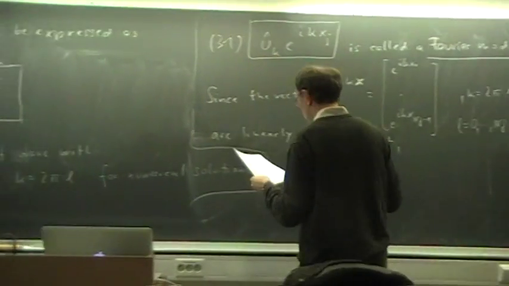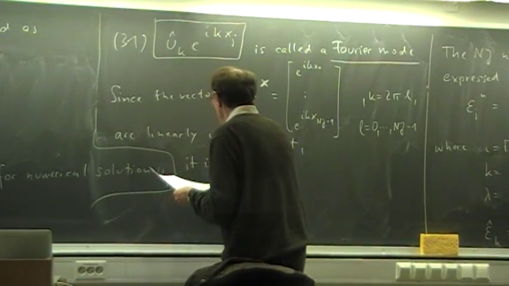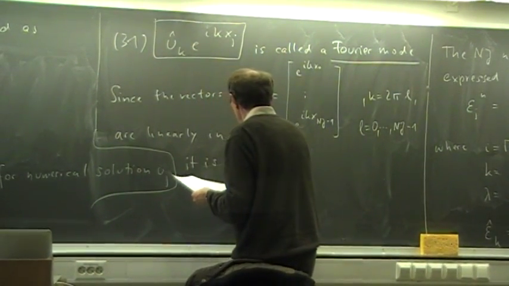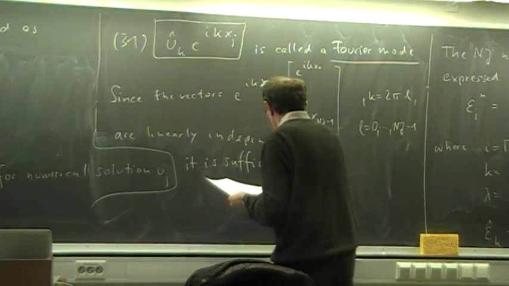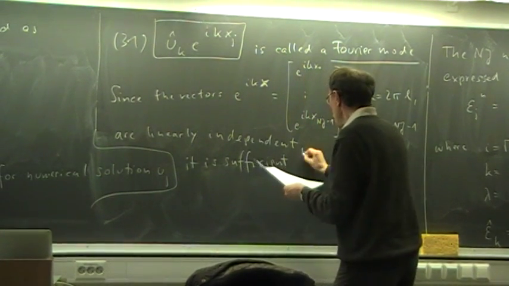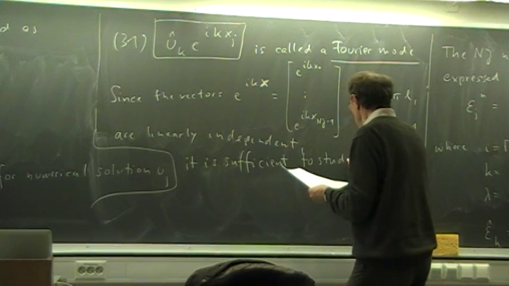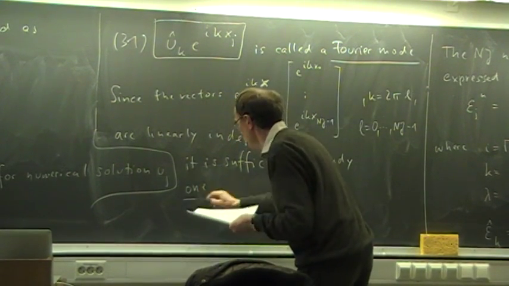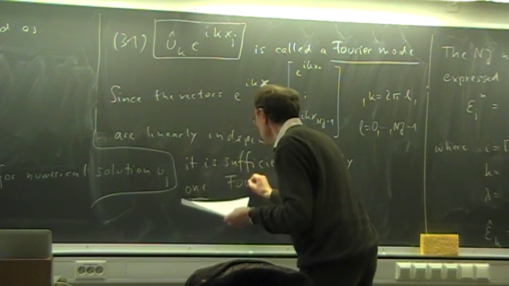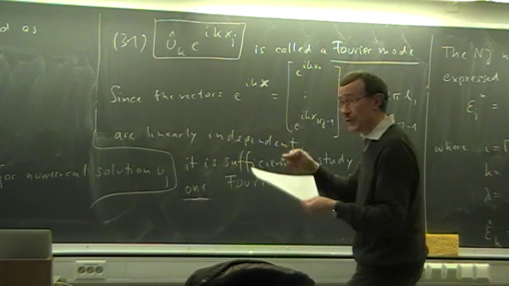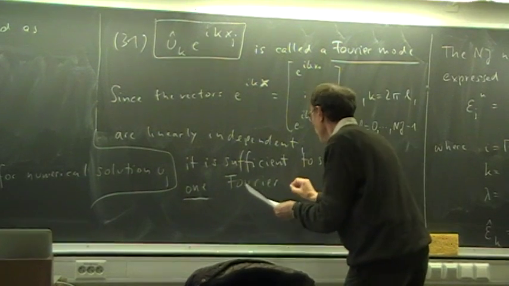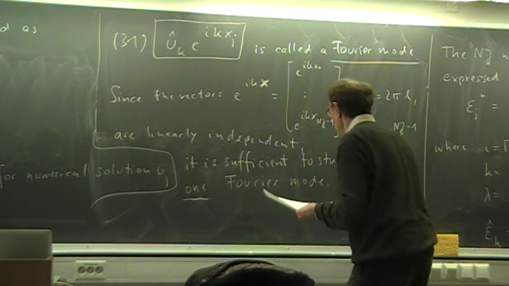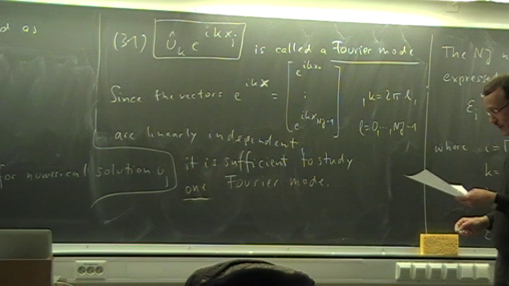Since they are linearly independent, it is sufficient to study just one Fourier mode, because when they are linearly independent, then the behavior will be the same for each of them. So that makes life easier.